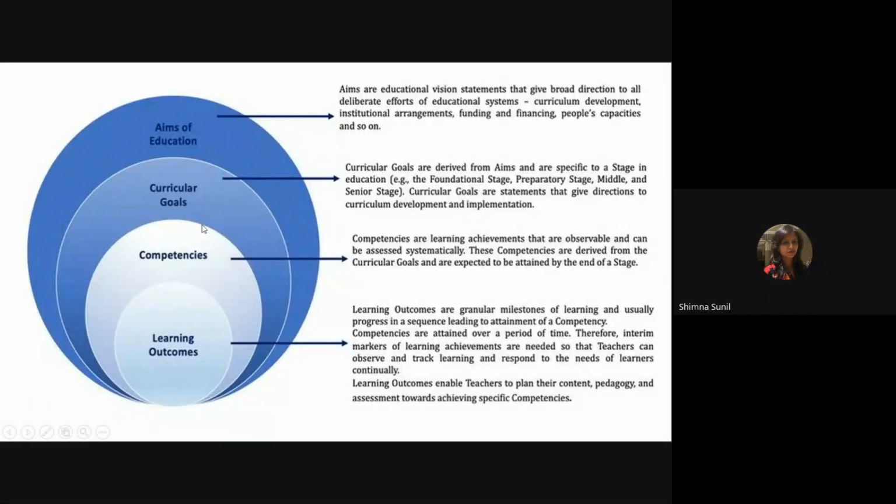So that could be your curricular goal, which is taken by the policy makers and again broken down into competencies. Now, what is a competency? That comes to us. That is our responsibility to develop. So if I have to develop communication skill in the child, what competencies will I develop?